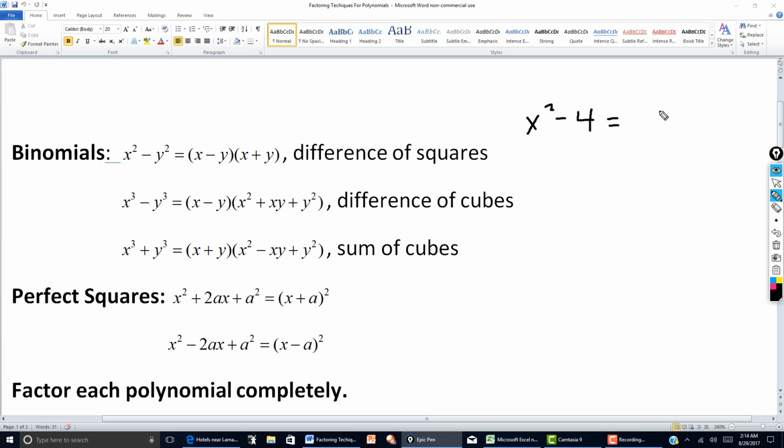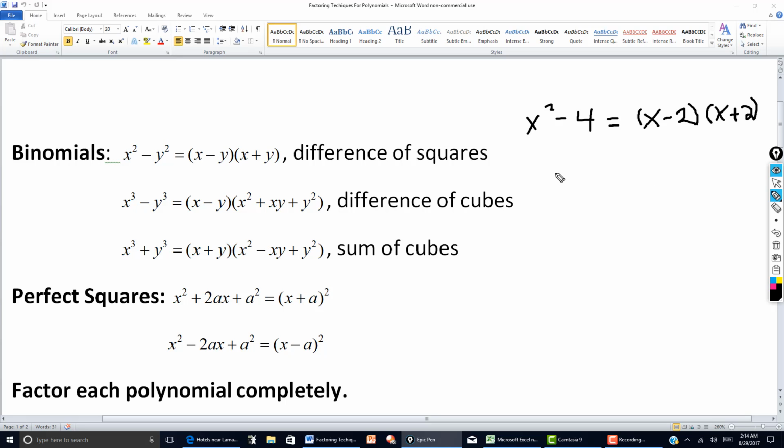So you would factor this into x minus 2 and x plus 2. We could also write it as x plus 2 times x minus 2. As long as one factor is the difference of the square roots, and the other factor is the sum of the square roots.